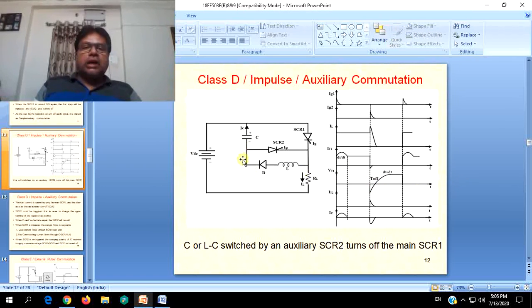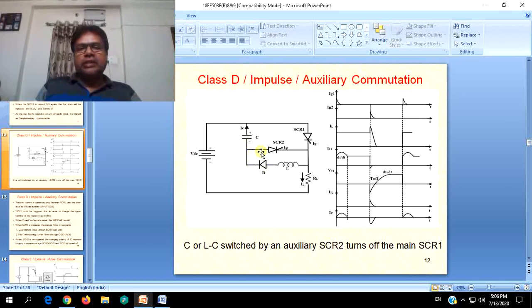So as soon as the capacitor discharges in the forward direction, that is via the main SCR, L, D and to this bottom plate, when the total polarity of the capacitor becomes reversed, that is bottom plus and upper plate negative, then the diode will be blocked.